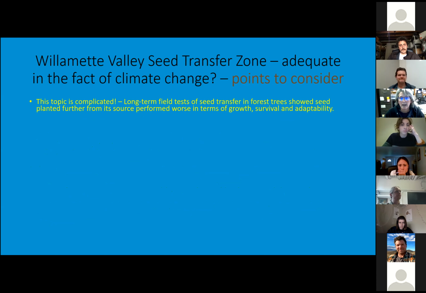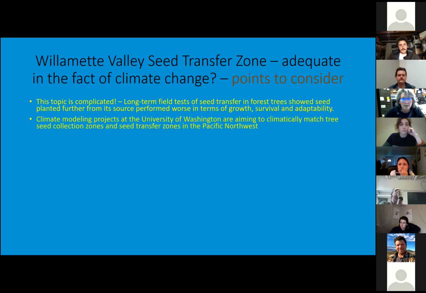It's just complicated. So like we just talked about, there's lots of good testing going on for seed transfer zones for forest species. And that's really awesome, because that's really important financially as well as habitat wise. So there's lots of climate modeling projects.